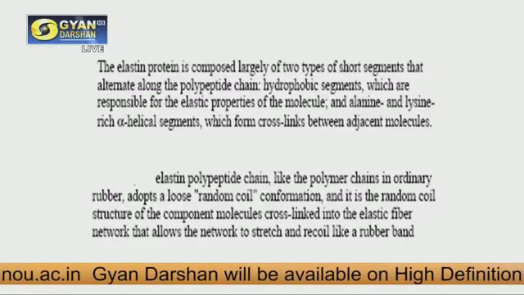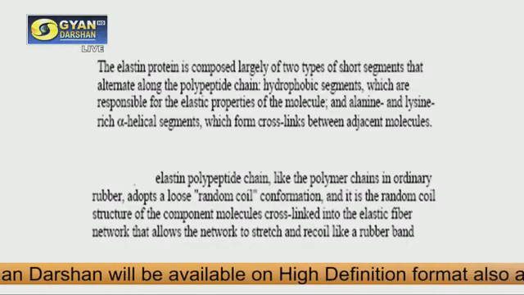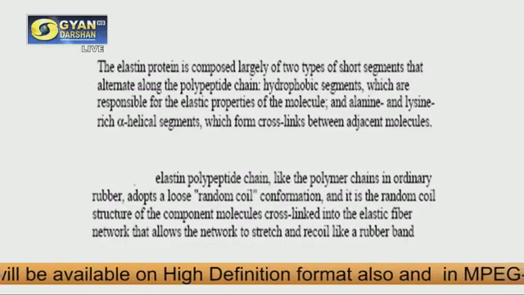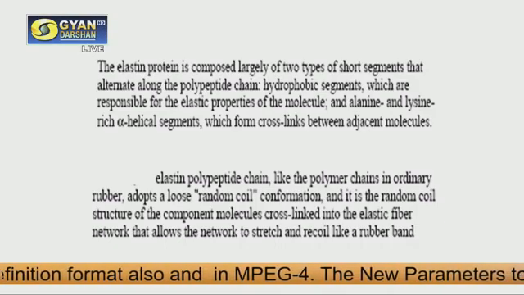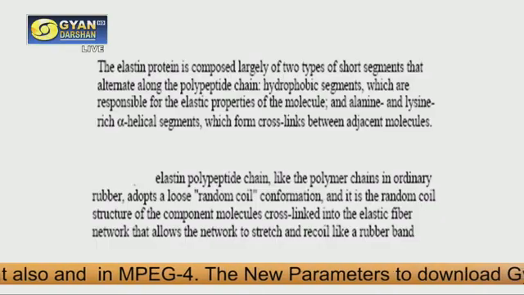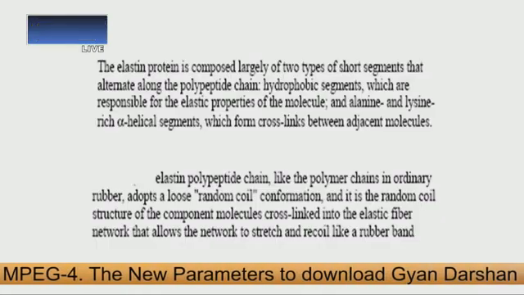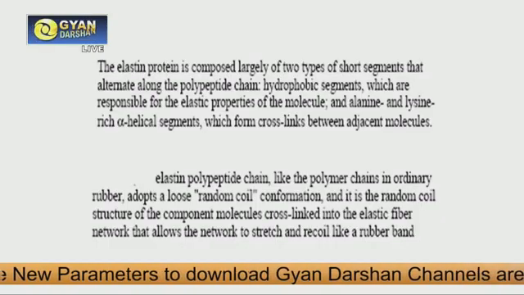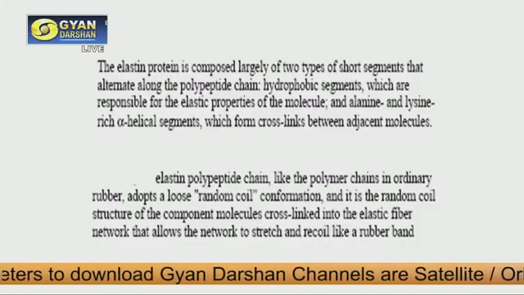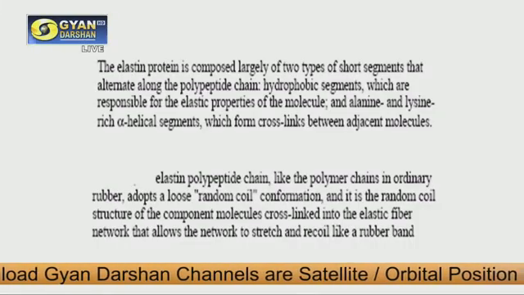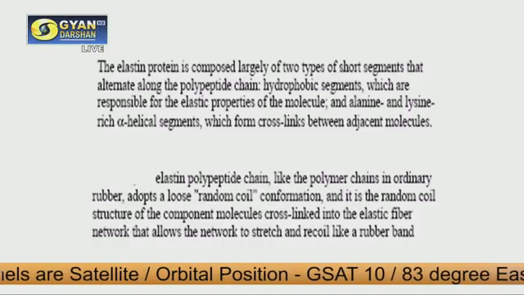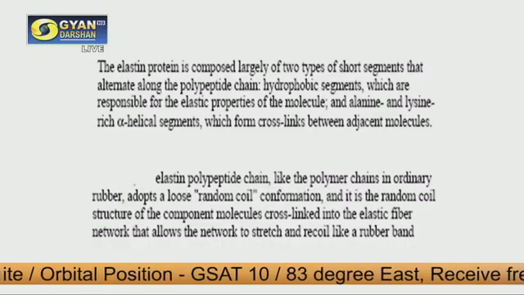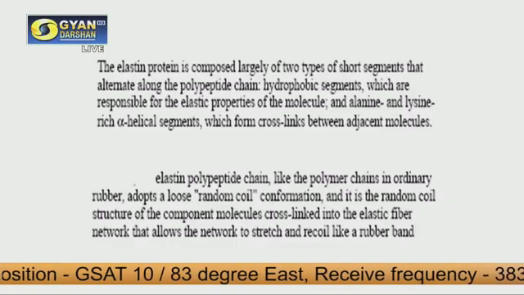Crosslinks are mostly made up of amino acids like alanine and lysine. The elastin polypeptide chain, like the polymer chains in ordinary rubber, adopts a loose random coil conformation, and it is the random coil structure of the component molecules cross-linked into the elastic fiber network that allows the network to stretch and recoil like a rubber band.